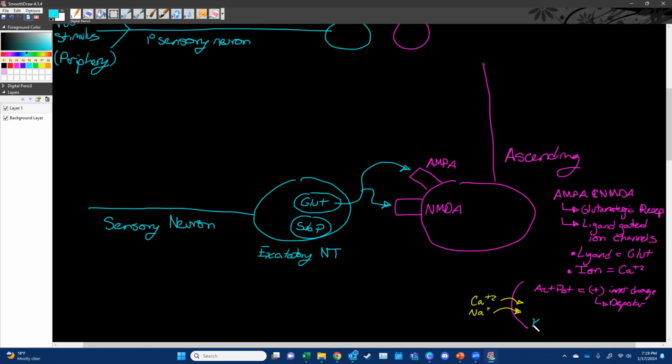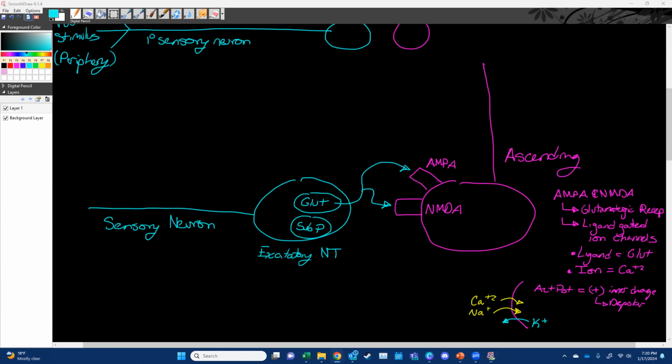Potassium is positive, but it moves via efflux. So if we had a potassium channel, we'd be making the cell more negative and hyperpolarizing it. So that's why it's not necessarily potassium in this case, but you could guess that maybe it's sodium, maybe it's calcium. In this case, I'm telling you it is calcium.